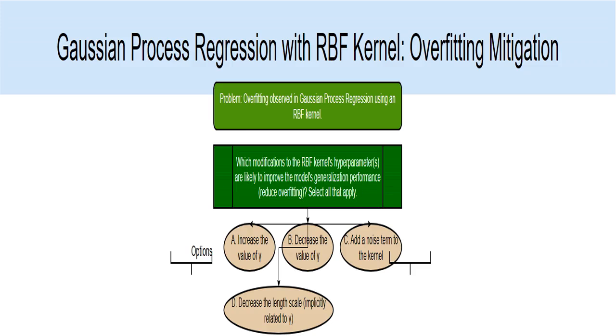I'm using a Gaussian process regression model with a radial basis function, RBF, kernel. The RBF kernel uses a fancy equation to measure how similar two data points are. That equation uses a hyperparameter called gamma. Currently, my model is overfitting. It's too focused on the training data and doesn't generalize well to new data. That's a problem.